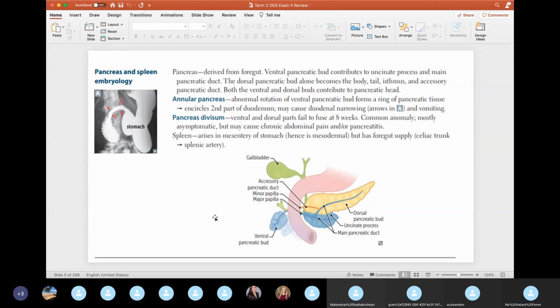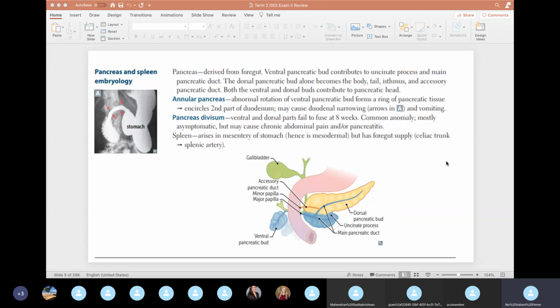The head. So the head of the pancreas, we also call this the uncinate process, and the duct of Wirsung. This is your main pancreatic duct. So that's high yield. The dorsal pancreatic bud, the rest. It becomes the body, the tail, the isthmus, and your accessory pancreatic duct.